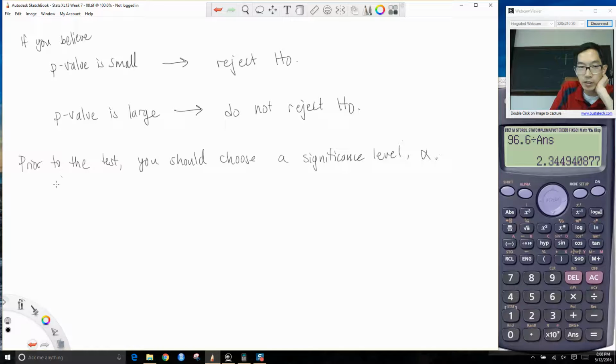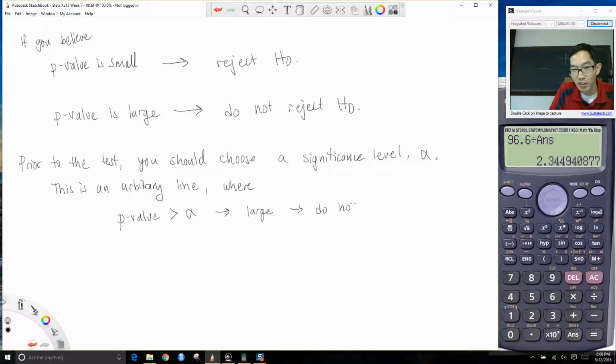This is an arbitrary line in the sand, where if the p-value is greater than alpha, then you say it's large, and you do not reject the null hypothesis.